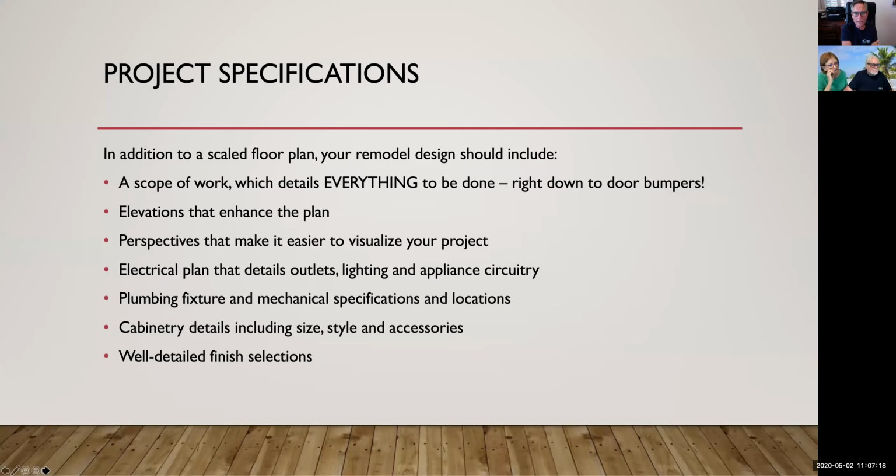Perspectives that make it easier to visualize your project. An electrical plan that details outlets, lighting, and appliance circuitry. Plumbing fixture and mechanical specifications and locations. Cabinetry details, including size, style, and accessories, and really well-detailed finish selections.